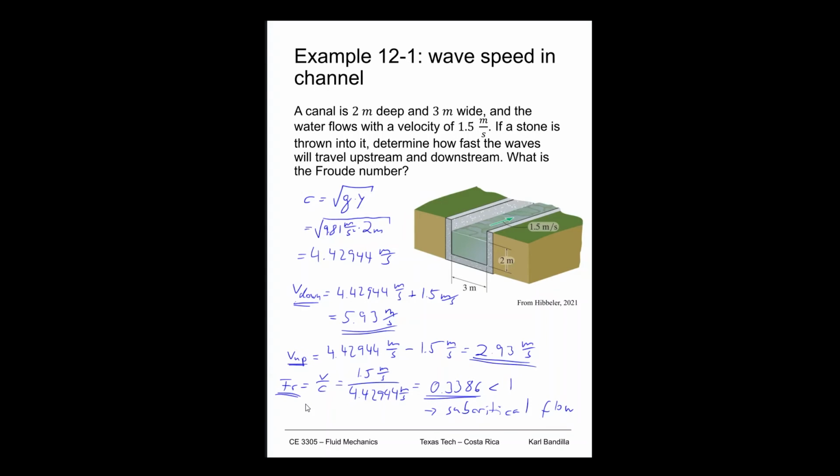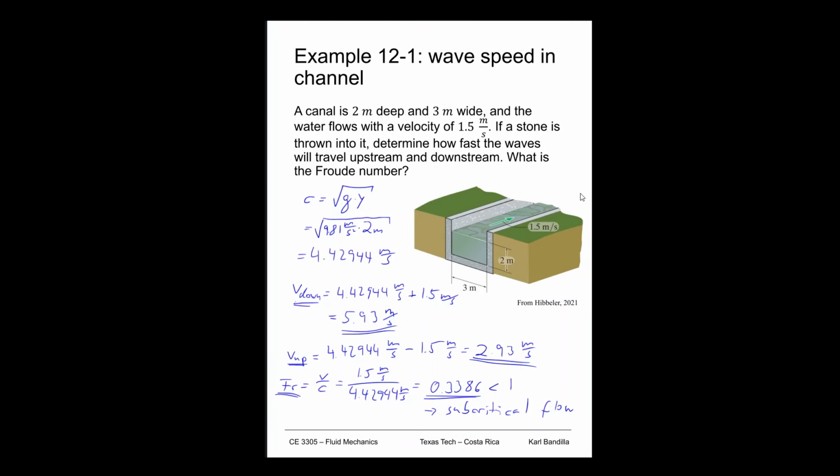All right, and that fits to what our solution was, right? Because we get a velocity going downward and a velocity coming upward. If we were at critical velocity, then that would mean that the water in the stream is moving just as fast downstream as the wave is expanding.